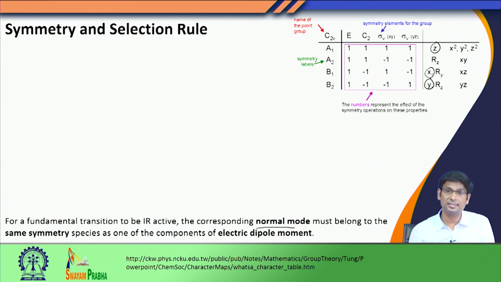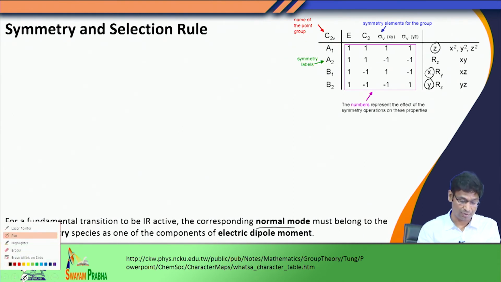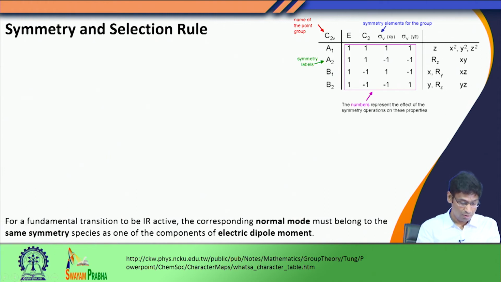Suppose we design a state which has symmetry A2. In that case, the fundamental transition will not be allowed, because the electric dipole moment does not span that particular irreducible representation. So, this general rule becomes very useful. You can practice this rule by looking at the character tables of other point groups and then see whether this holds or not.